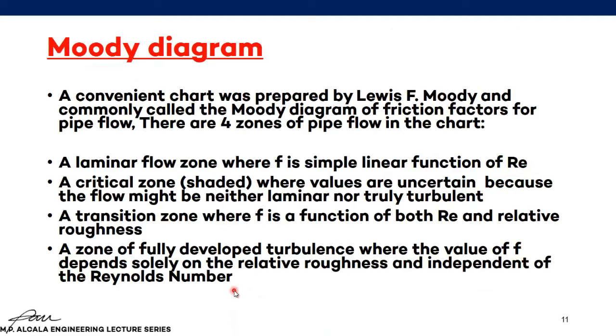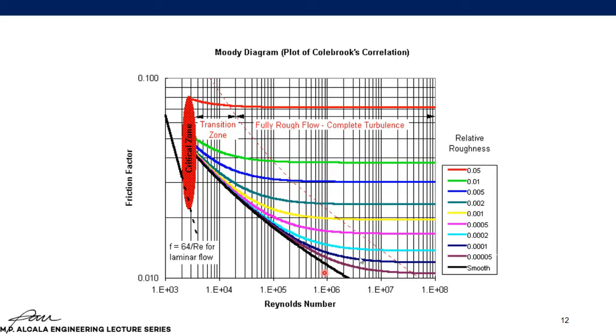The Moody diagram essentially is a very important chart prepared by Lewis Moody. That's why it is termed the Moody diagram. The laminar flow, from the earlier equations, is simply a function of the Reynolds number. Then there are the critical zone, the transition zone, and a zone for fully developed turbulence in this diagram.